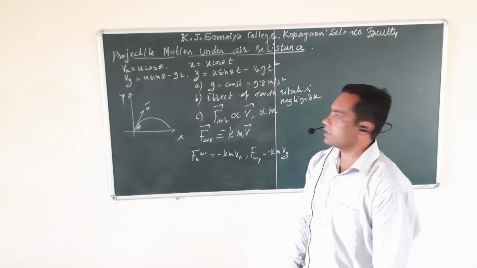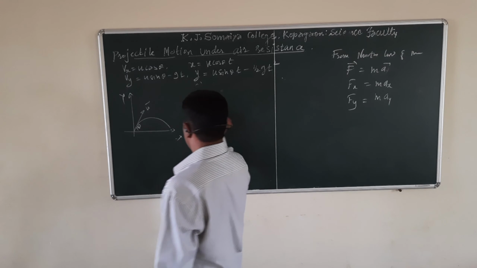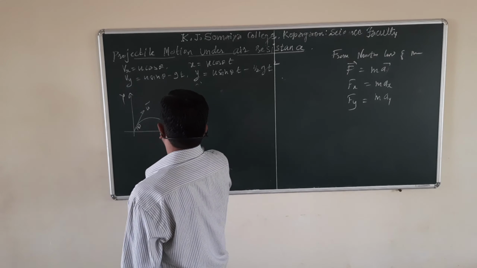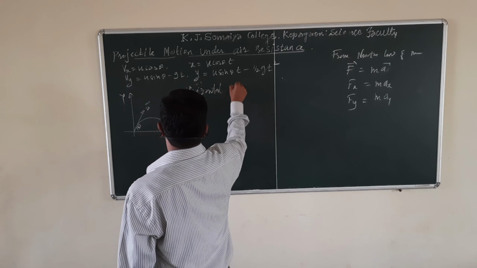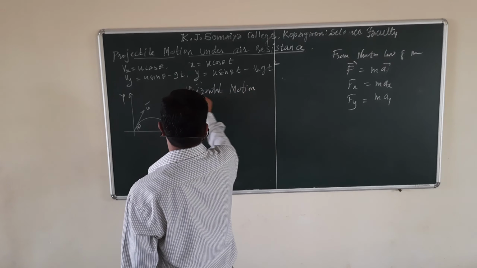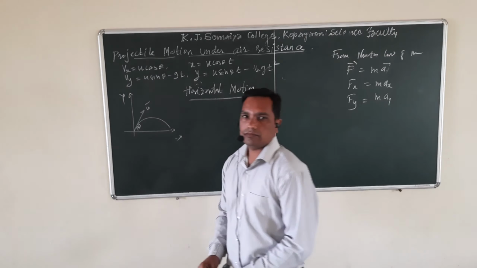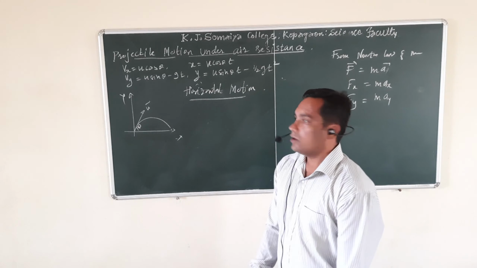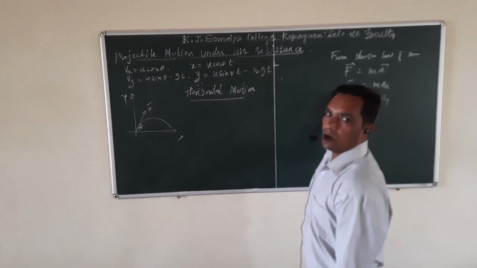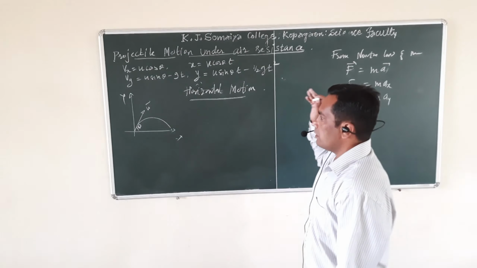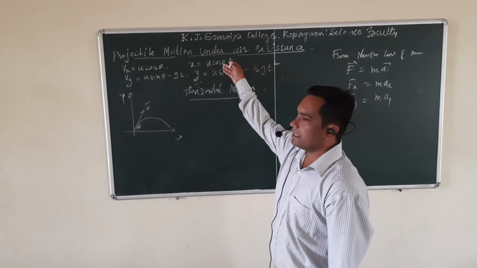First, we consider horizontal motion. For horizontal motion, the external force along the horizontal direction: in the absence of air resistance, there is no horizontal force.